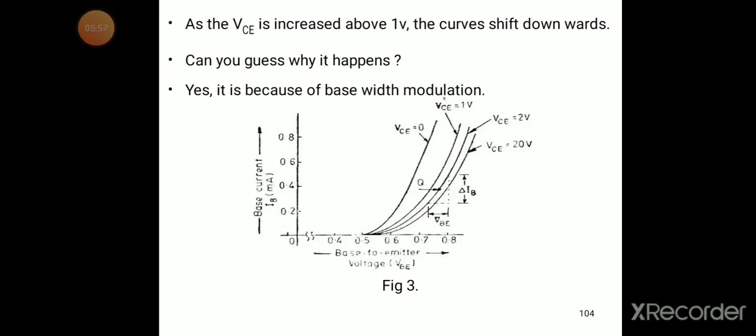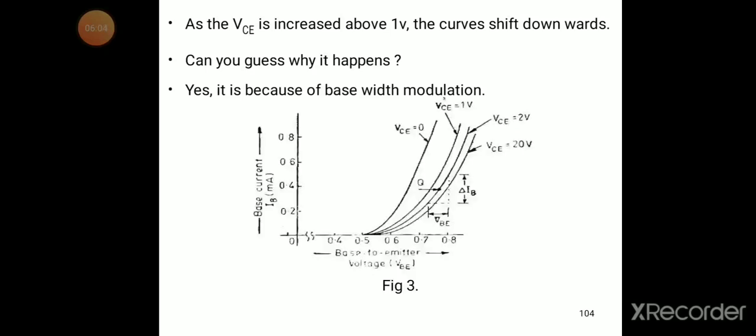What is the meaning of base width modulation? We increase the negative biasing at the collector junction side. Whenever we increase the negative biasing, the depletion layer increases at the collector junction.